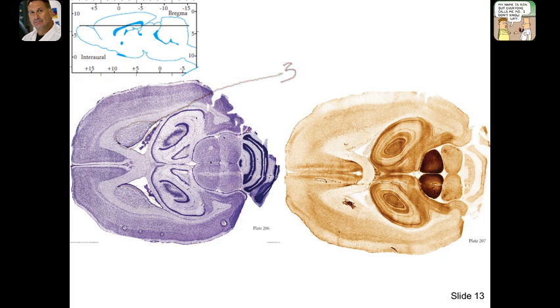I don't really see it in the ACHE section. We have lateral ventricle with choroid plexus inside. We have the hippocampus.